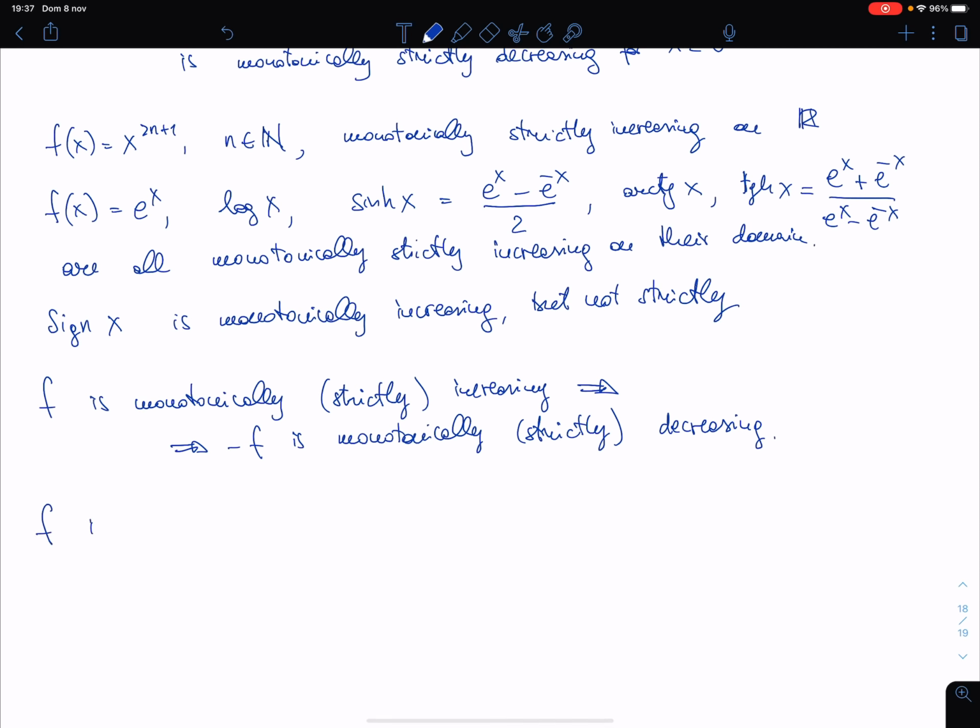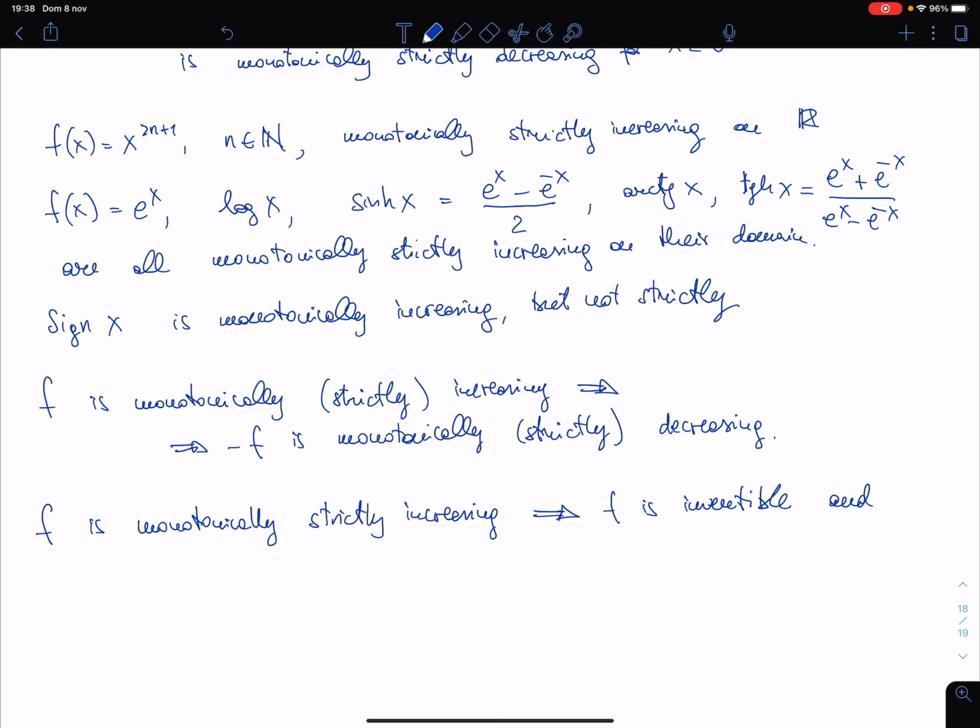Then if f is monotonically strictly increasing, then you can easily prove that f is invertible and f minus 1, which is not 1 over f, it is the functional inverse of f, is again monotonically strictly increasing.